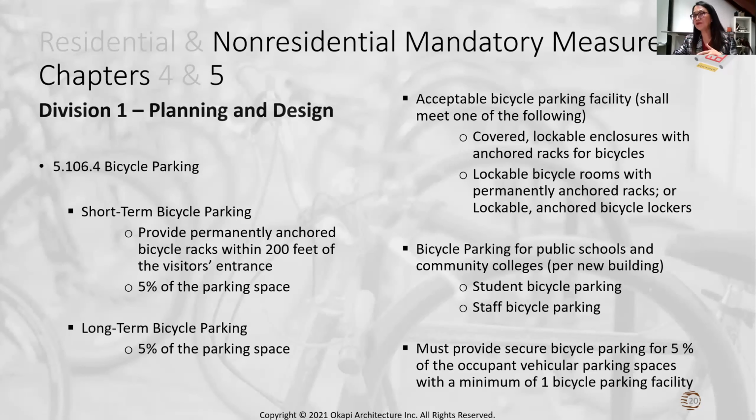The short-term is for the visitors, long-term is for the staff. And for the staff, basically 2 concepts: security, so they can lock their bicycle in some place with a key, and shelter from the weather. Look at those 2 elements when you design your project.